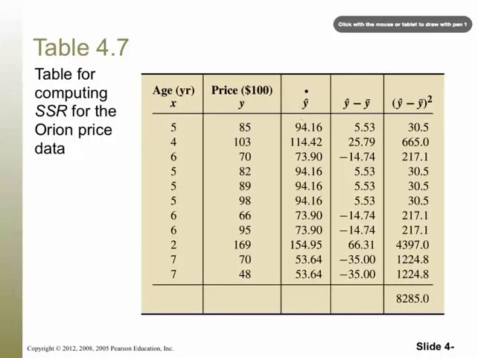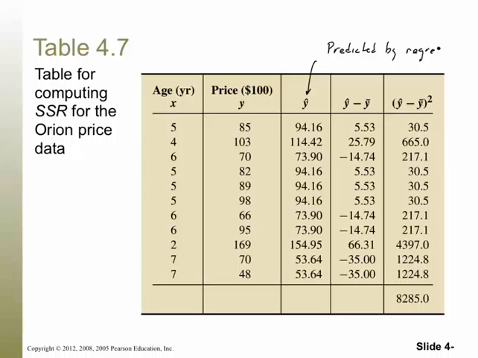Remember what y hat is. It's the predicted values from the regression. Y hat is predicted by the regression line, right? What's y bar? That's the mean. And then y is the actual observations of the variable. Got to get our symbols straight.